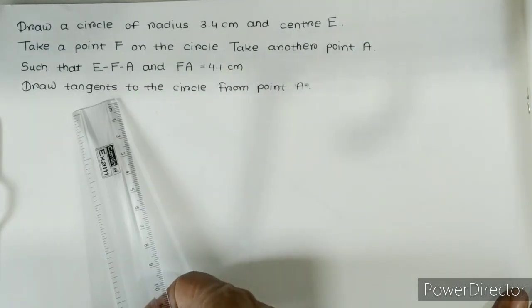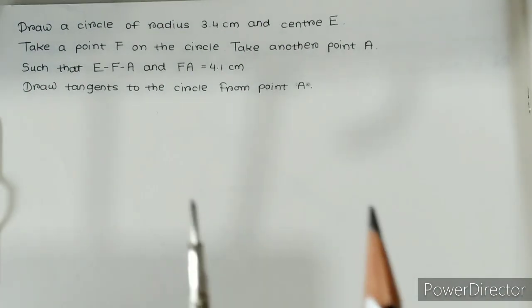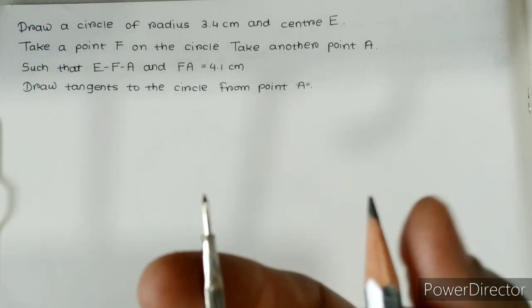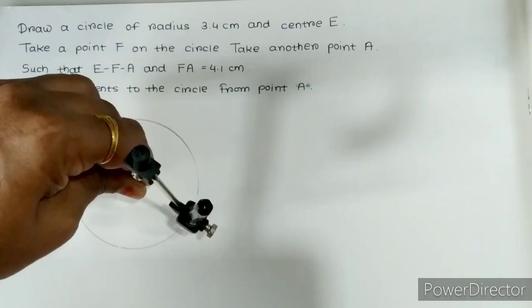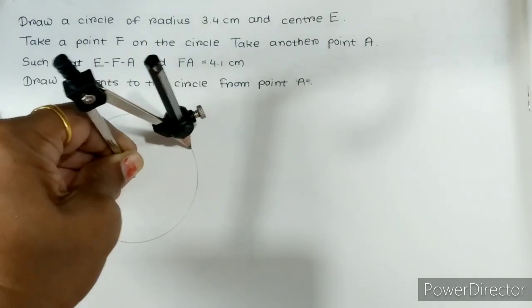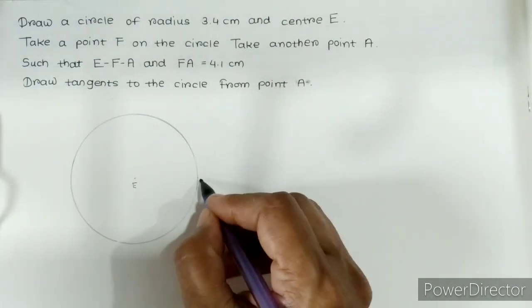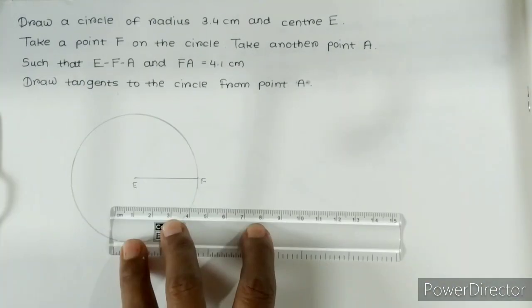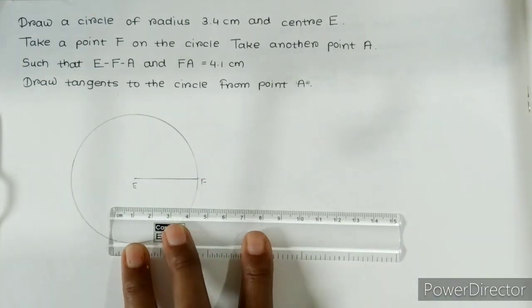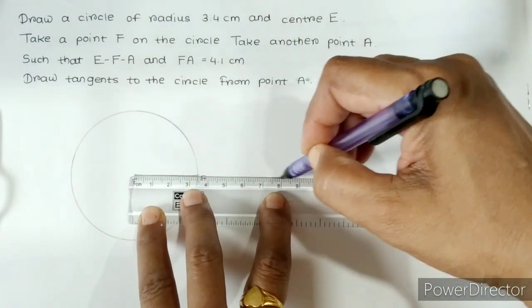Draw tangents to the circle from point A. Take a distance of 3.4 cm between the tips of the compass and draw a circle with center E. Take point F on the circle. Here I have taken point F on the circle. Draw segment EF. Draw ray EF.